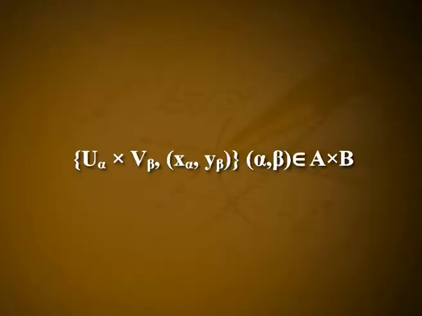Namely, if (U alpha, x alpha) for alpha in A and (V beta, y beta) for beta in B are atlases for M and N respectively, then (U alpha cross V beta, (x alpha, y beta)) for (alpha, beta) in A cross B is an atlas for M cross N with differentiable chart transitions.